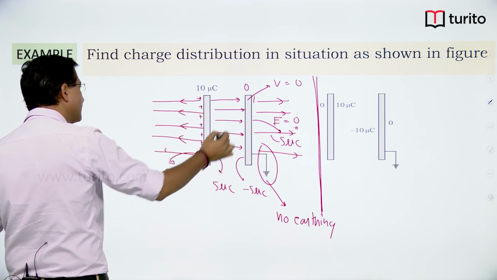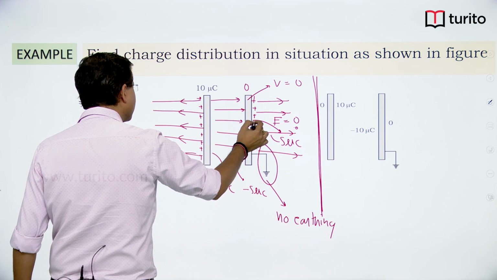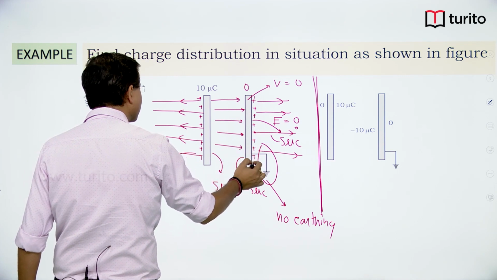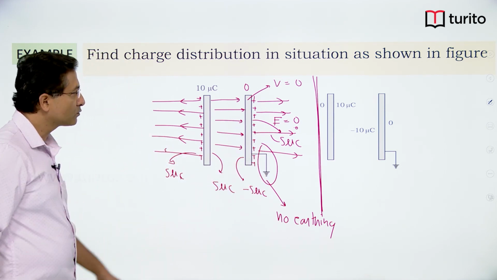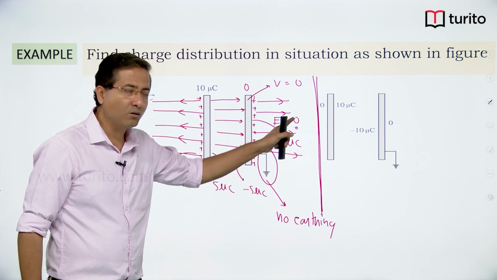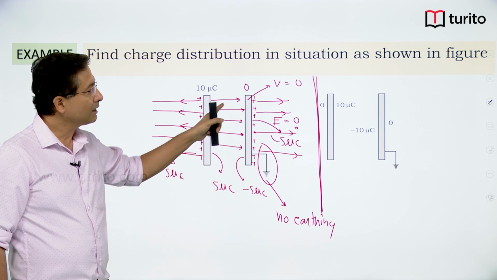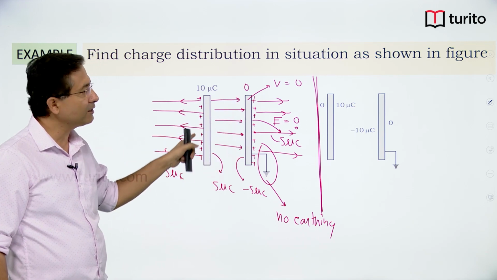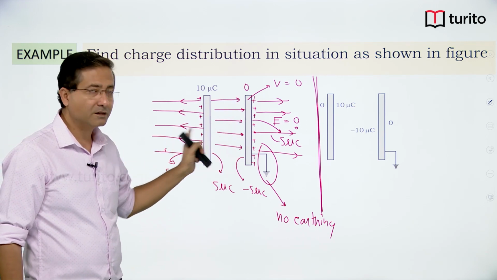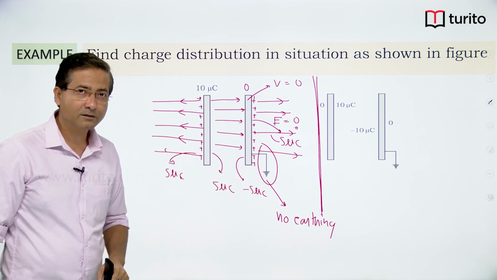In the last class we have discussed. So field here can be 0 only if these charges are 0.